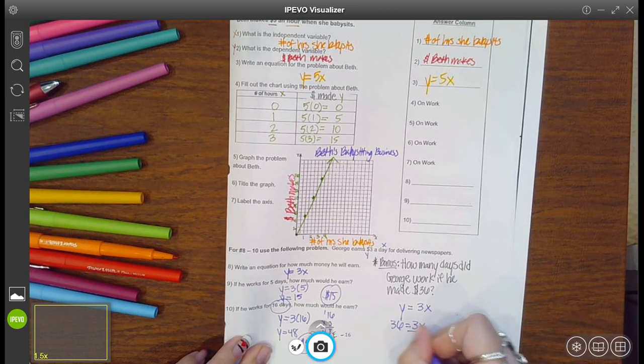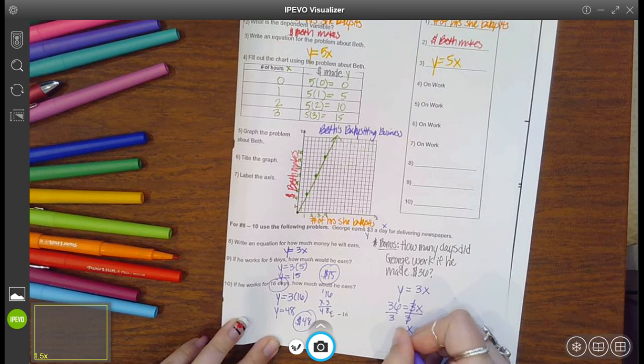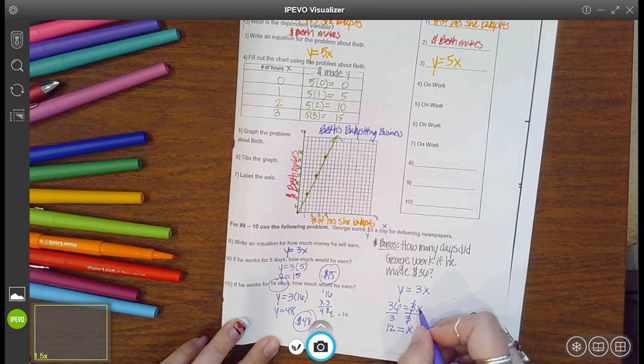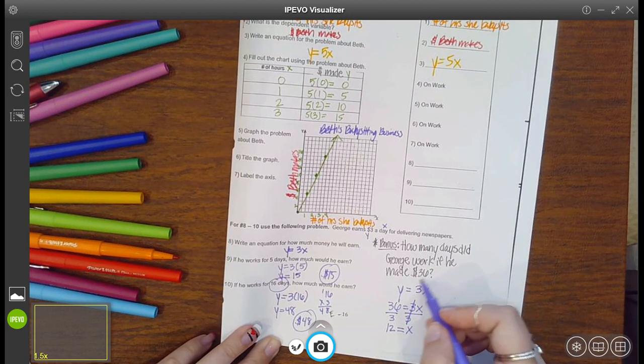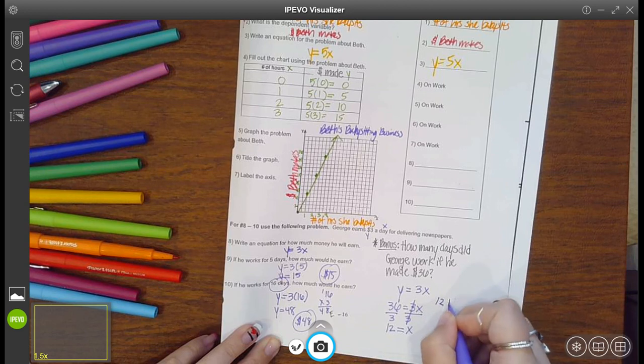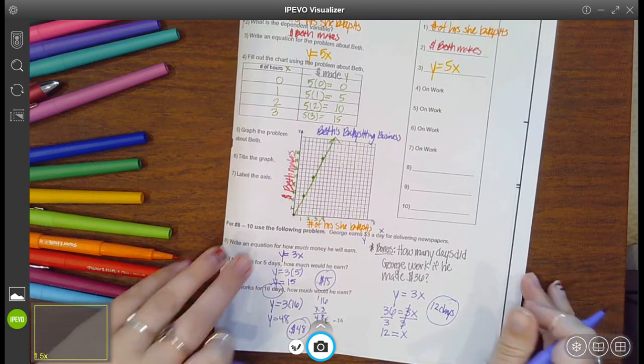Well, these are being multiplied. The inverse of multiplying is to divide. 3 divided by 3 is 1. So you have 1x equals 36 divided by 3 is 12. Yeah, that makes sense. 3 times 12 is 36. So how many days would he have to work in order to make $36? 12 days.